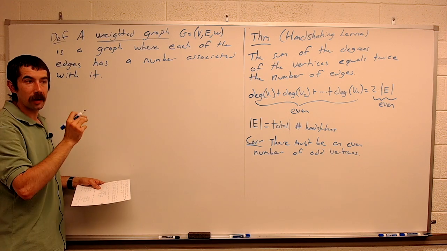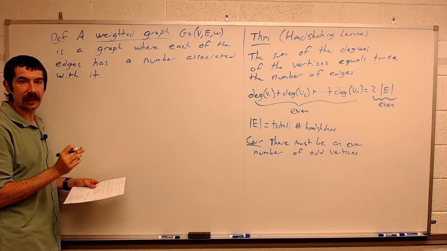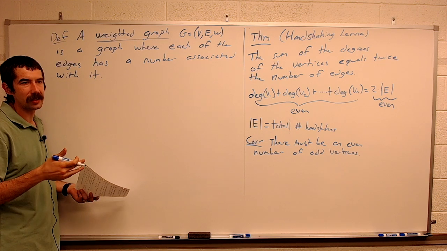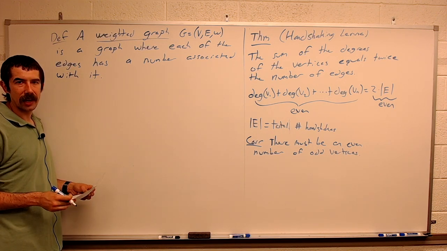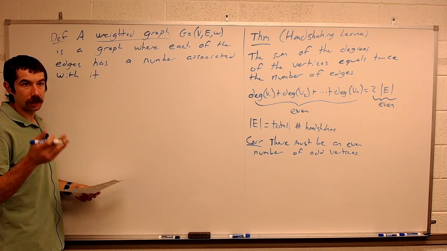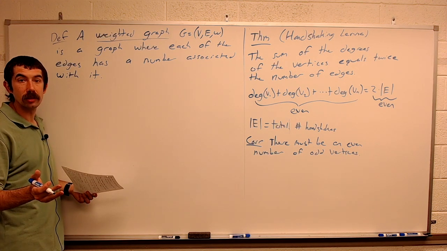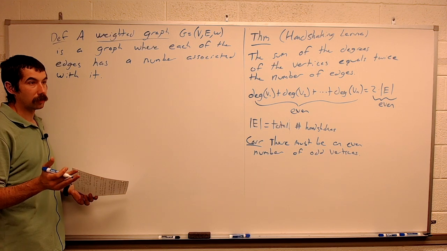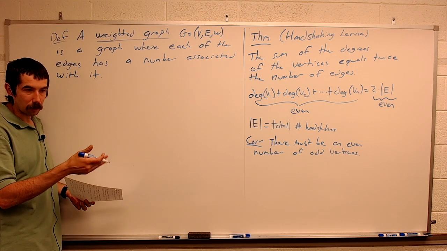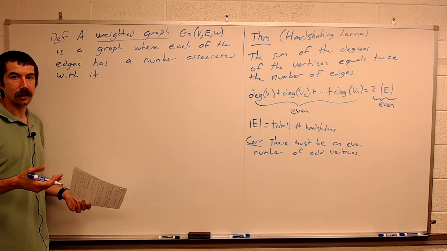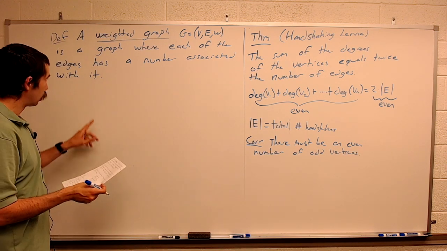So we're going to put numbers on the edges, and it typically represents lengths or the time it takes to travel along the edge, or maybe the cost if there were toll bridges. Some cities have tolls for their bridges, and so the weight would be like the cost to travel along the bridge.